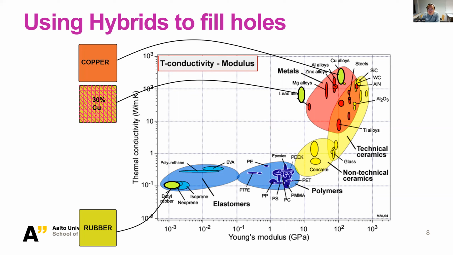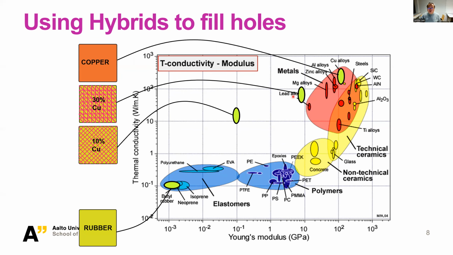So we have rubber as our matrix, and we're just putting some copper wires into our matrix, inside or outside. And if you give 30% copper wire in your rubber matrix, you can see you would reach a material already less stiff, but still quite thermally conductive.